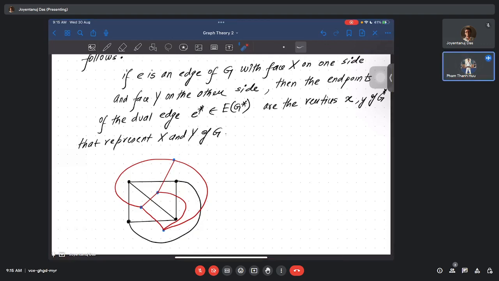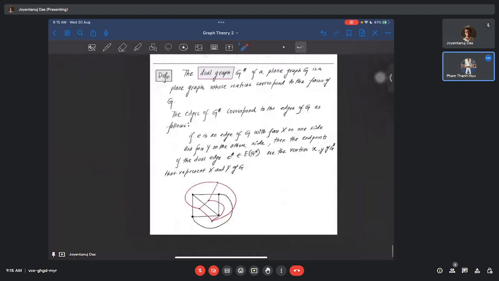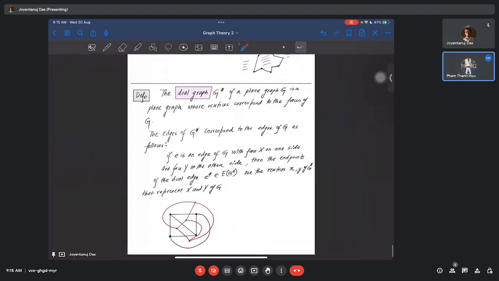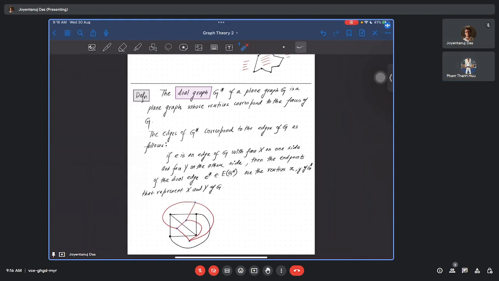I can understand the dual graph, but does dual graph mean a clone of one graph into two versions? No, I did not get it. Tell again.